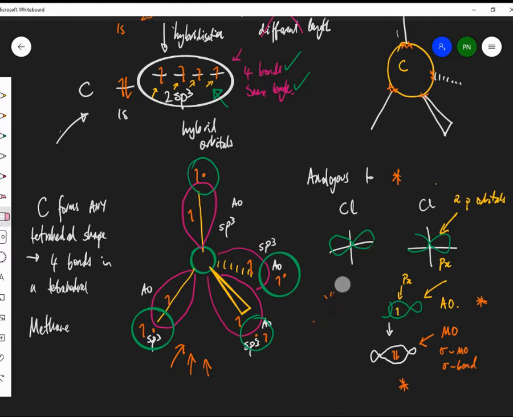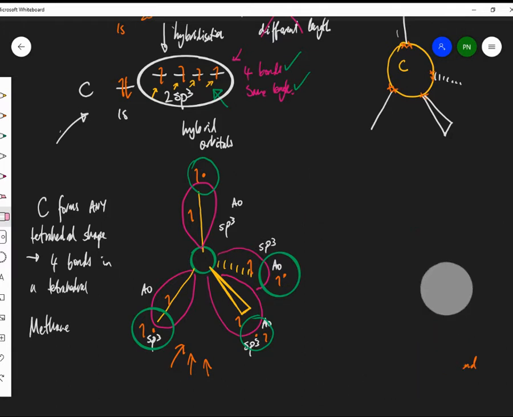So I've drawn the atomic orbitals, and now I'm going to merge them. That's my original carbon in the middle. This and this merge together to make this. Are we okay with that? Now there's the hydrogen.